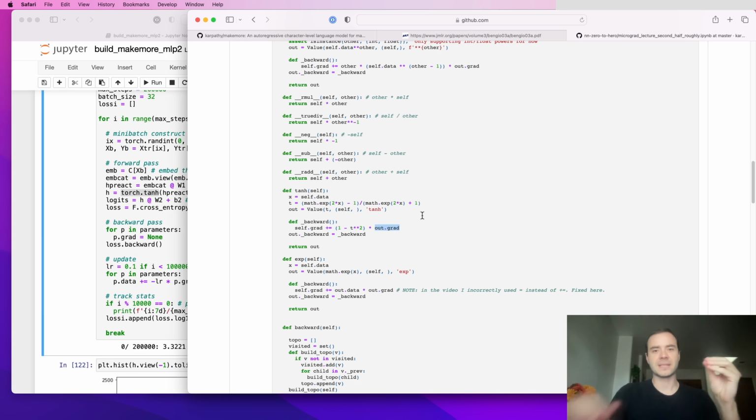And intuitively, this makes sense because this is a tanh neuron. And what's happening is if its output is very close to 1, then we are in the tail of this tanh. And so changing basically the input is not going to impact the output of the tanh too much because it's in the flat region of the tanh. And so therefore there's no impact on the loss.